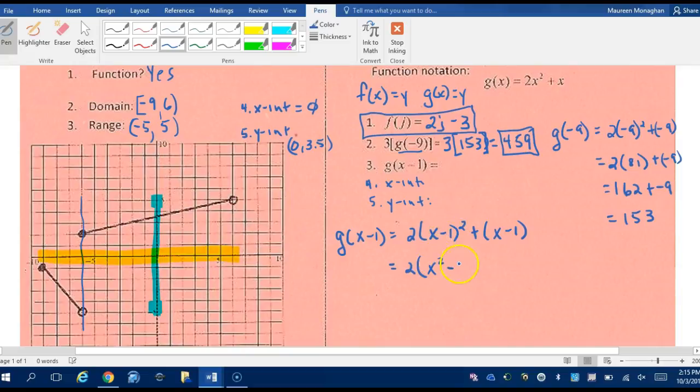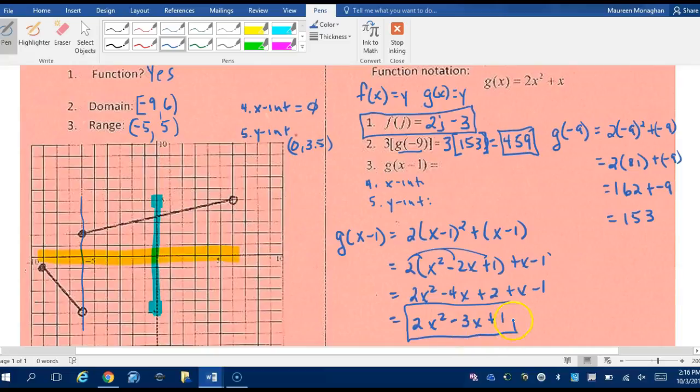So it's 2 times (x squared minus 2x plus 1) plus x minus 1. Distribute the 2. 2x squared minus 4x plus 2 plus x minus 1. Simplify: 2x squared, I got a minus 4x and an x, minus 3x, plus 1. So this is my answer.